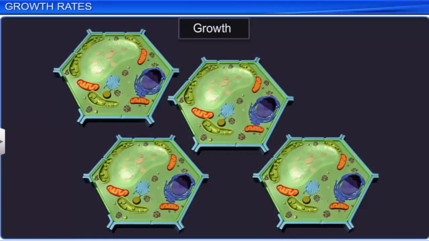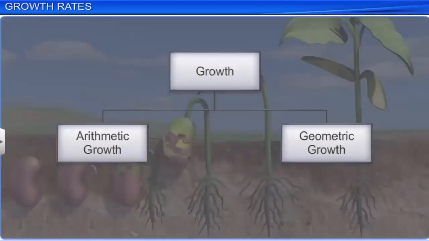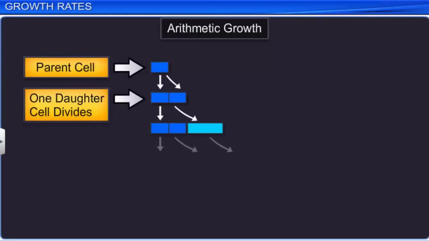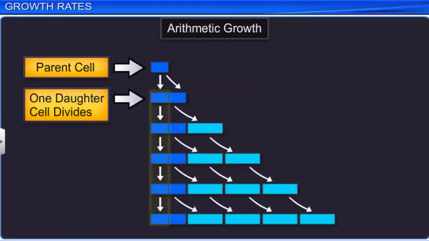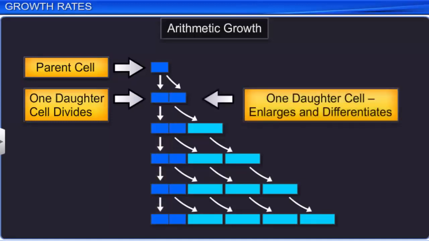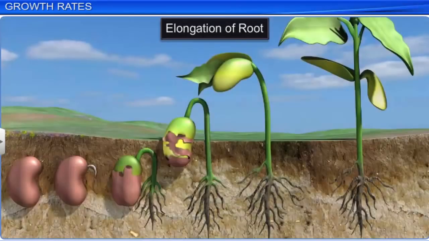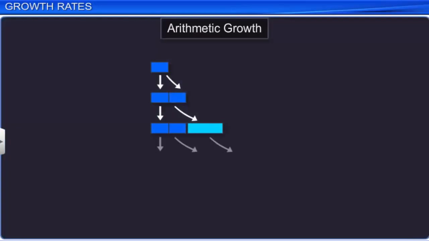If we consider the increase in cell number as growth, it can be the result of arithmetic or geometric growth. Arithmetic growth refers to the division of one daughter cell obtained during mitosis, while the other daughter cell enlarges and differentiates. An example of arithmetic growth is the elongation of the root.